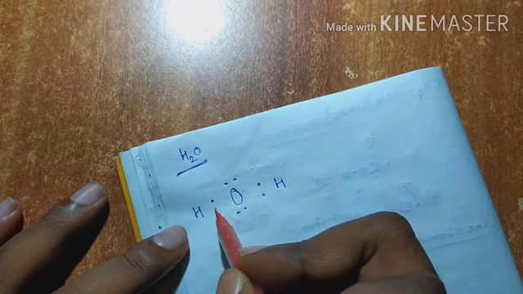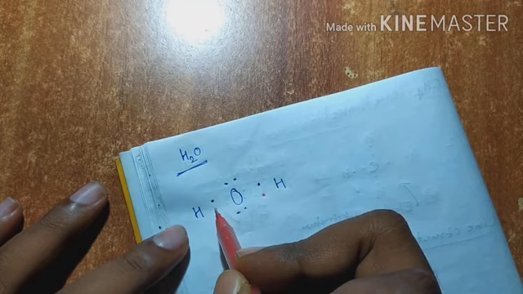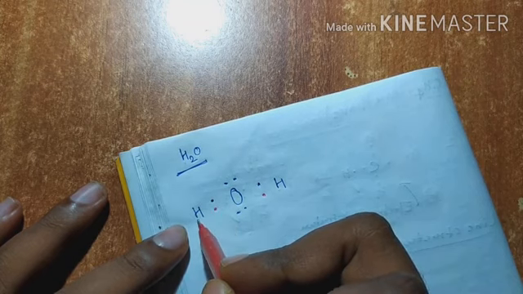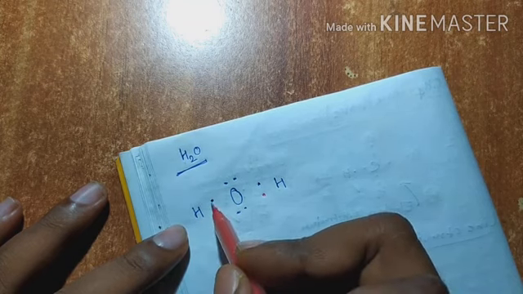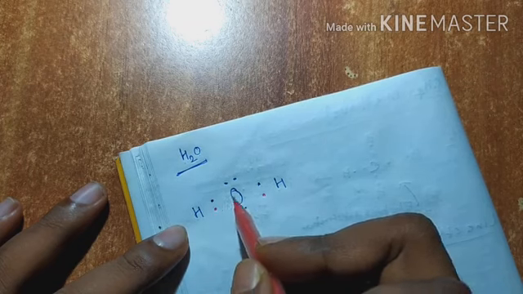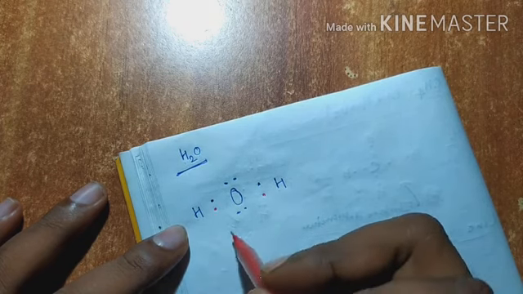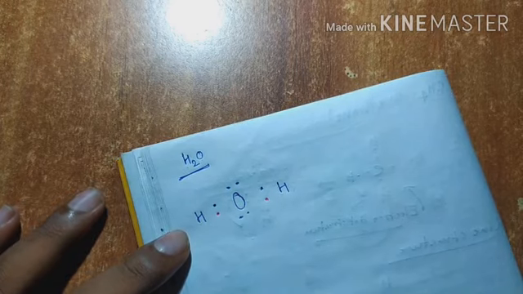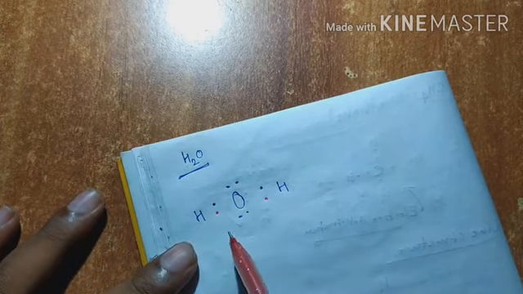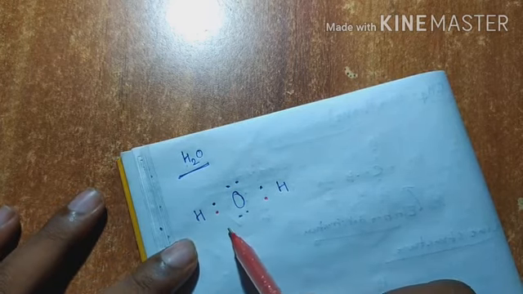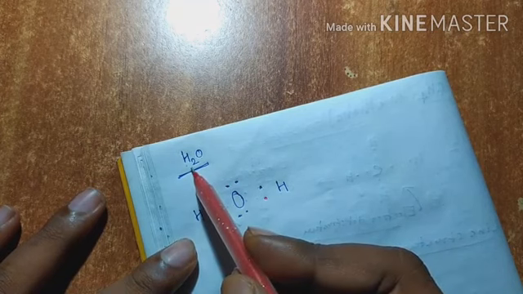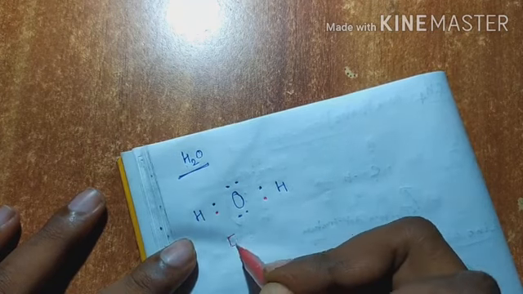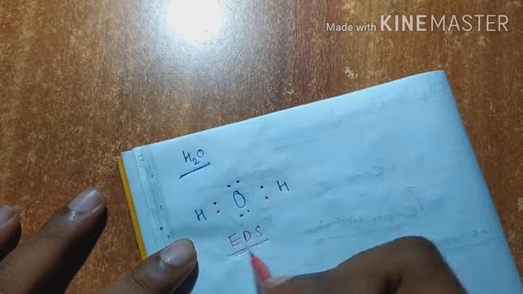So on this electron there is also a right of these hydrogen atoms, and similarly on these electrons there is a right of the oxygen atom also. So this is the electron dot structure of the water molecule.